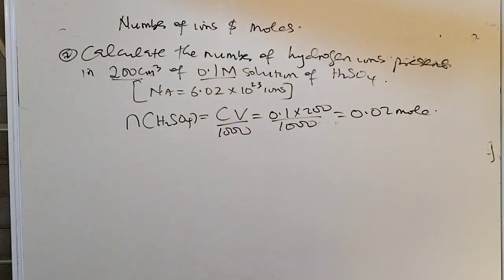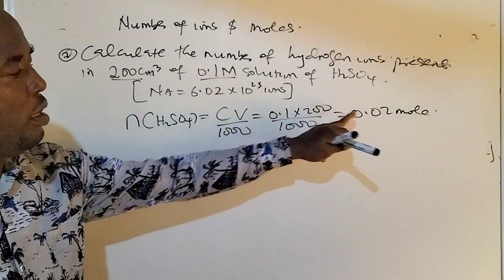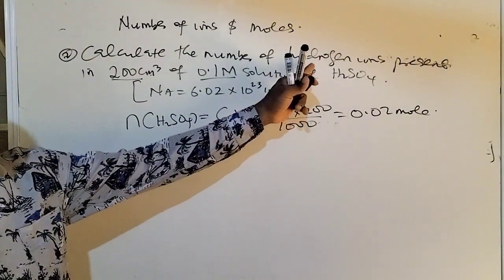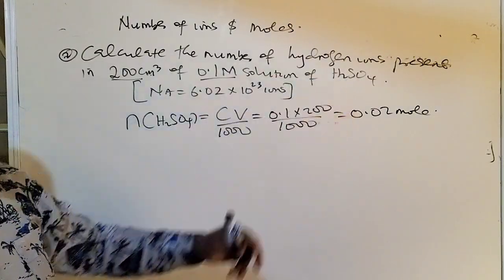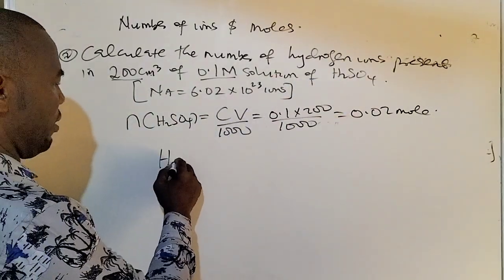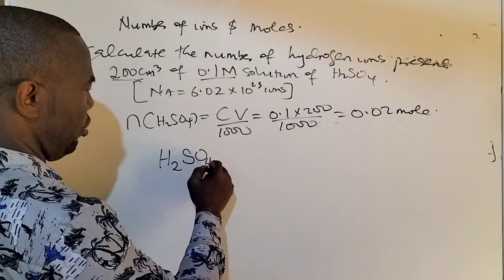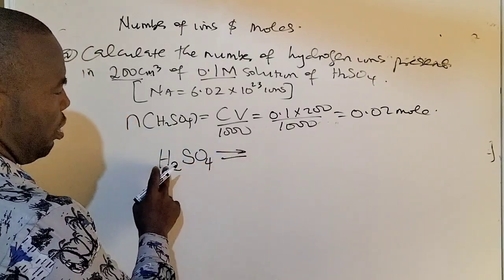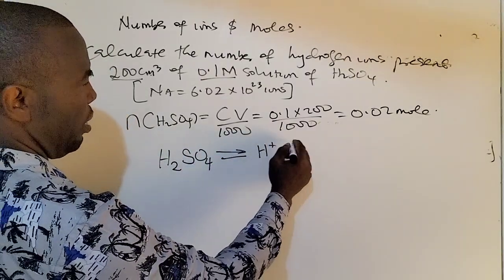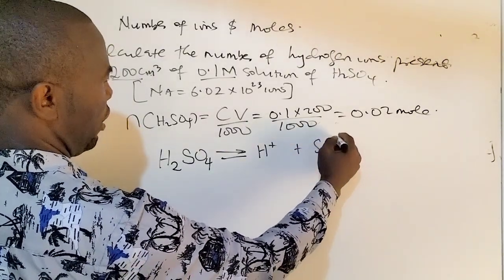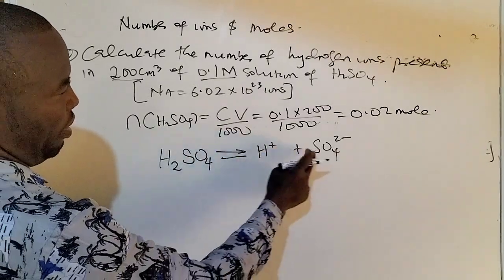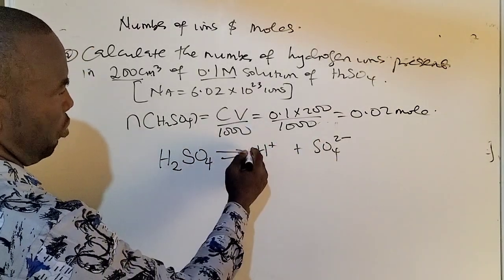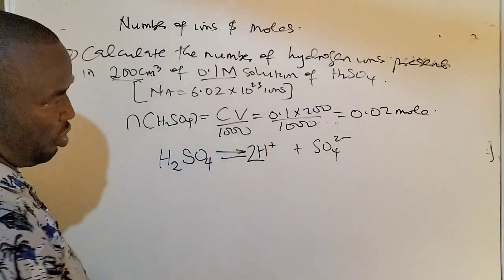Now, this is the number of moles of the acid, not the number of moles of hydrogen ion. To get hydrogen ion, we have to ionize the acid, H2SO4. To ionize it, you write the ionization or dissociation equation, break it into ions: hydrogen ion, then SO4, whose charge is -2. This 2 goes to SO4, take back the charge. This 2 is also put in front of hydrogen to balance the hydrogen atoms.